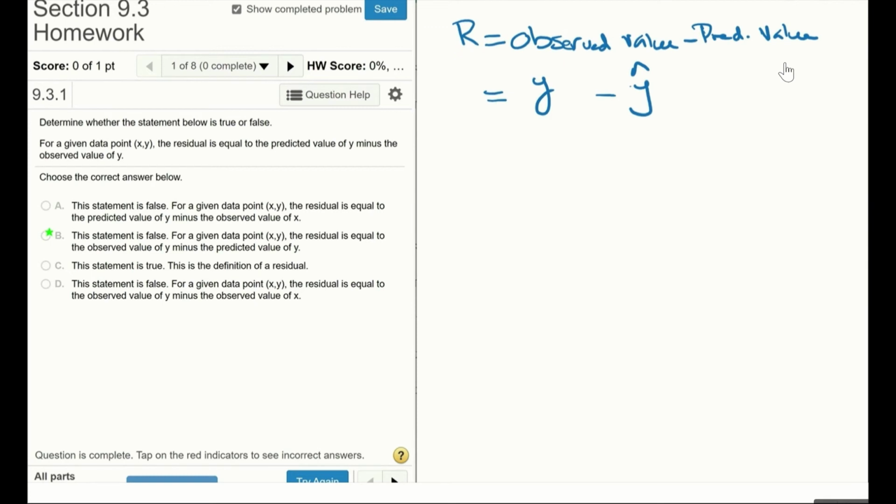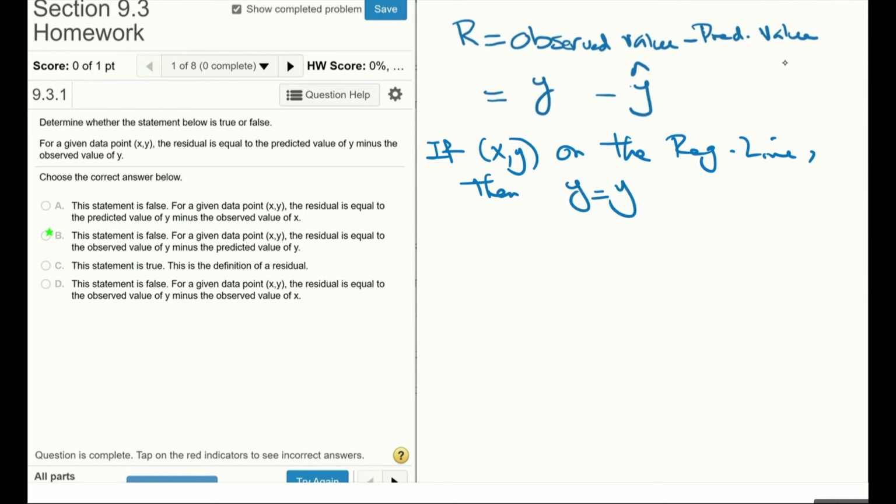In other words, if x, y is on the regression line, then y is the same as y hat.